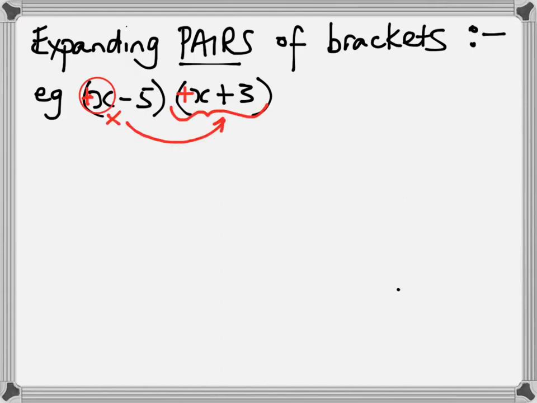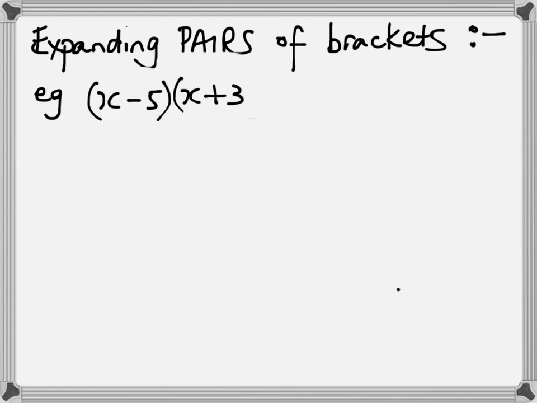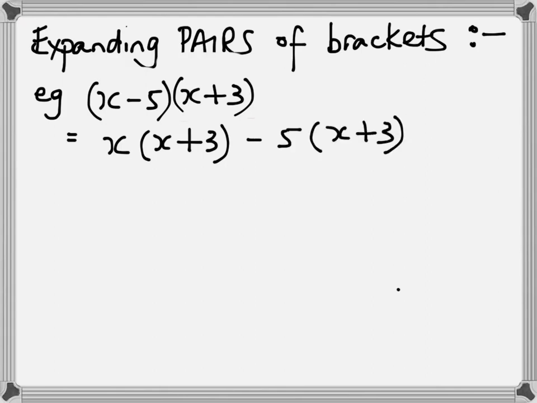So I've got to multiply it by the x, and I've also got to multiply them by the negative 5. Now, we'll just write it out again because I made a mess then. The second term in the bracket is multiplied by x, and it's also multiplied by negative 5. Way to go. So now, it's just the same as what we've been doing before now.